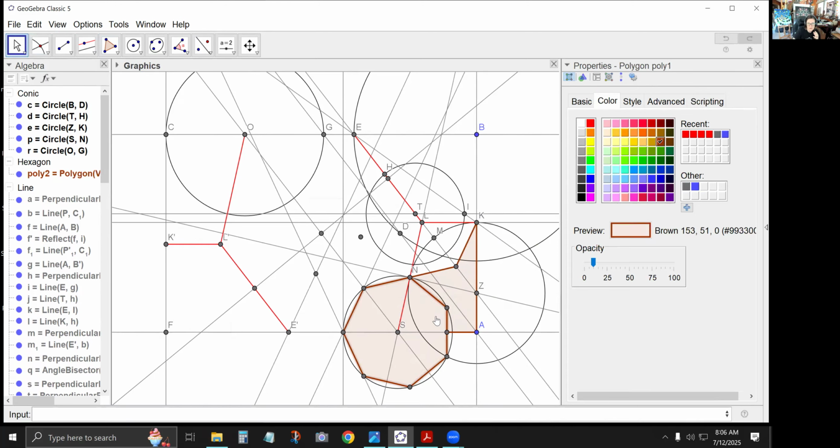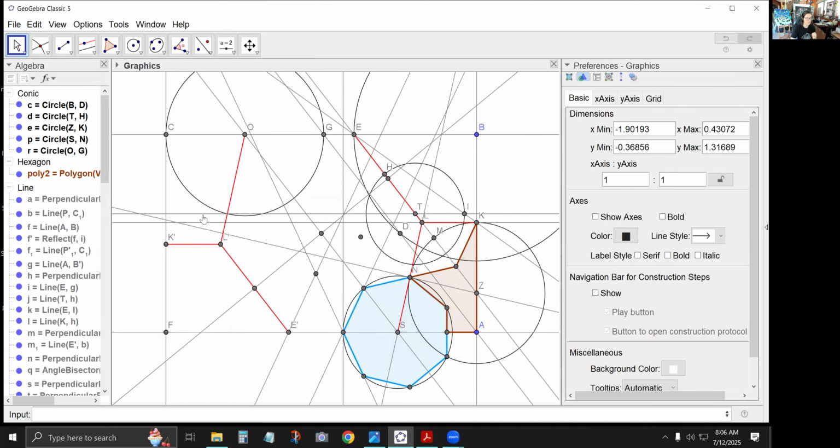And let's make our heptagon blue. So we have alternating blue and brown shapes. So I've got 2 of my polygons now.